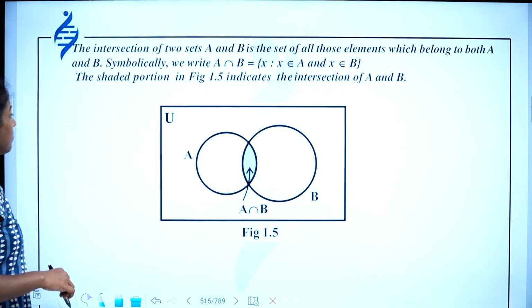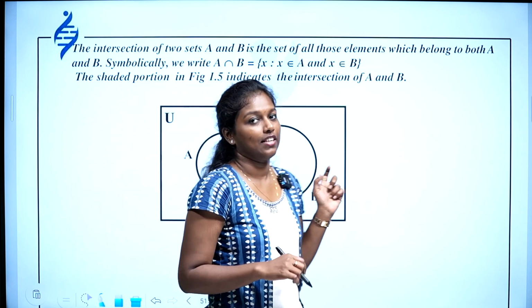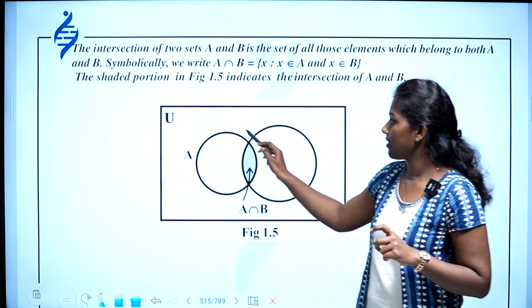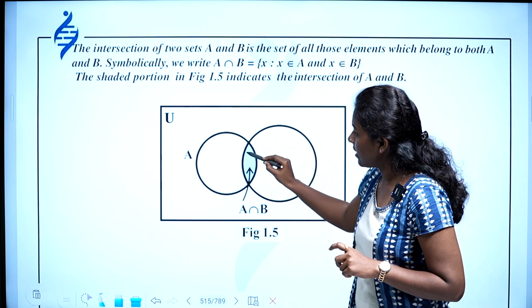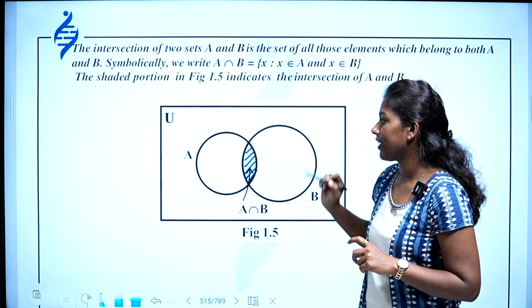Then, this is the Venn diagram for intersection. Here, this is our universal set, this is our first set A, and this is our second set B. Intersection means you have to take the common elements only.